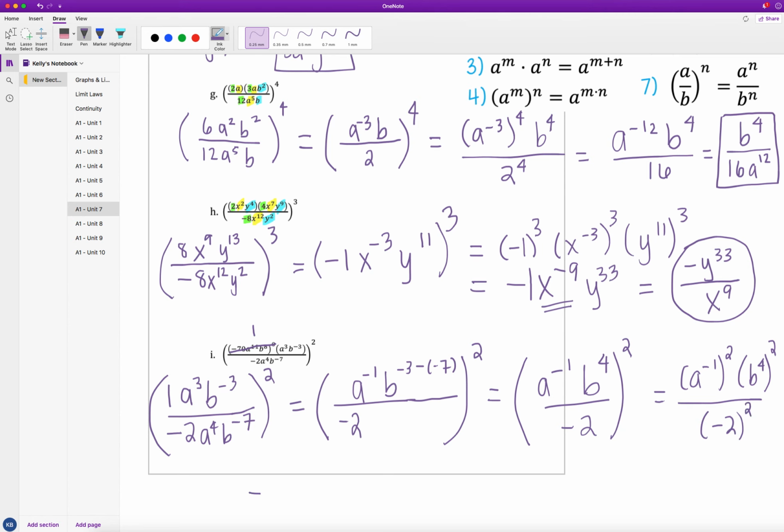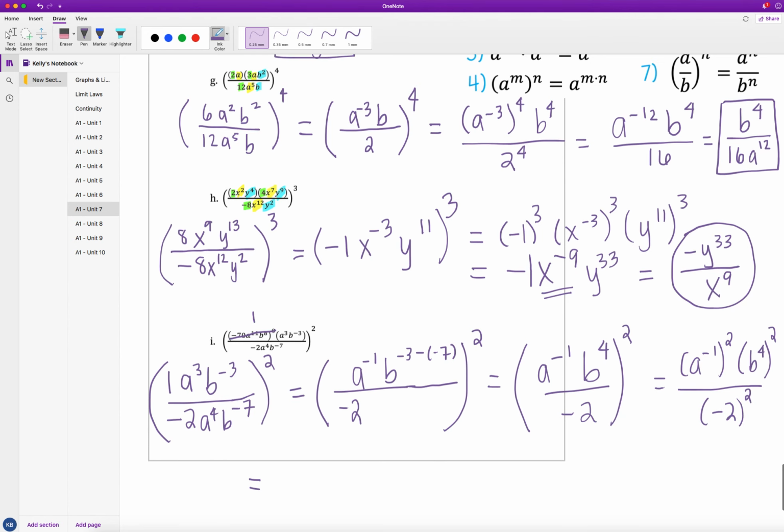I'm going to finish this off down here, give ourselves a little bit more space. If I have power to power, I multiply them. So we get a to the -2, b to the 8th, and then -2 squared would be -2 times itself, which would give us a +4.